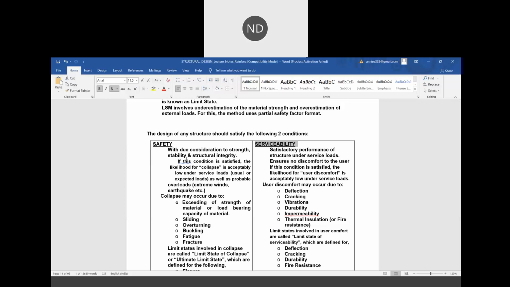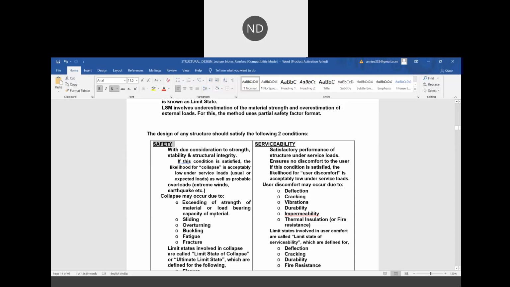Like I told you before, this is how we ensure the safety of the building when designing with the limit state method: by considering the maximum load and the lower material strength. The collapse of the building may occur due to exceeding of the strength of material or load.